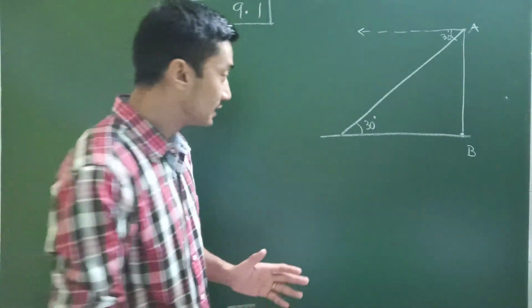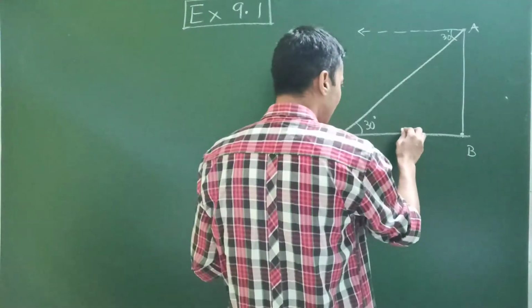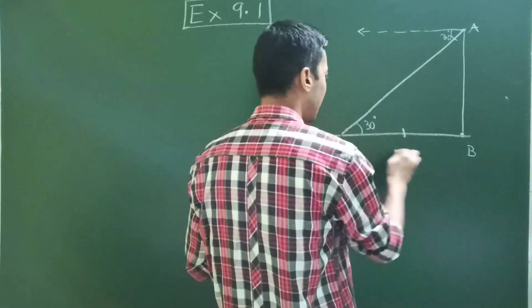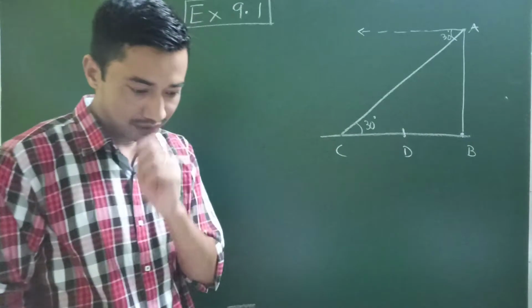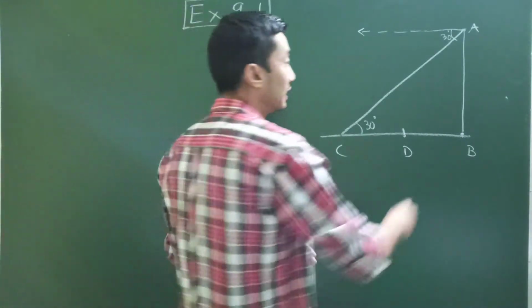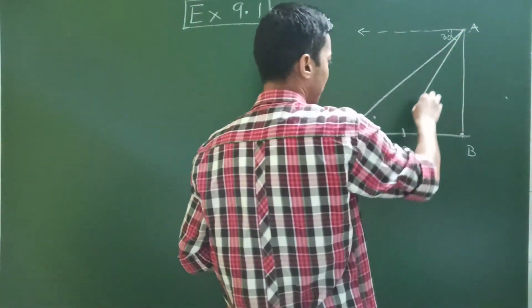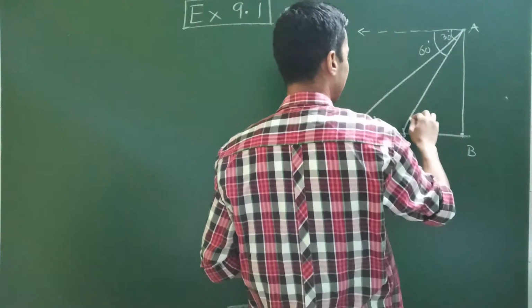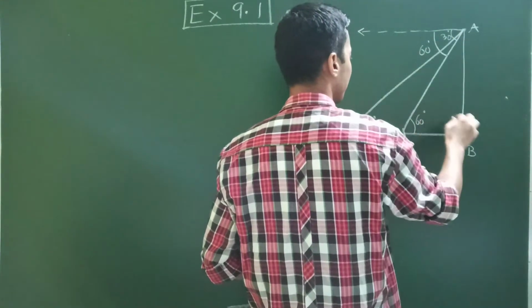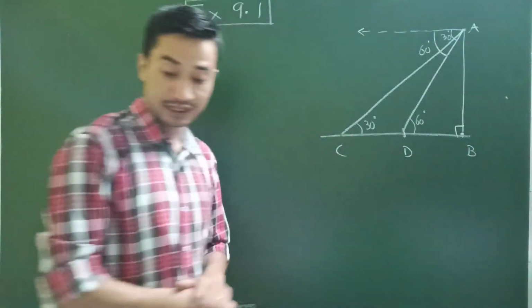6 seconds later, that is after 6 seconds, maybe the car is at the point D. After 6 seconds, he observes the angle of depression to be 60 degrees.